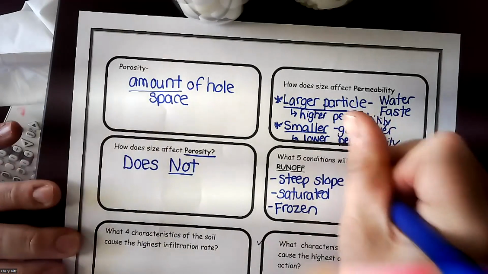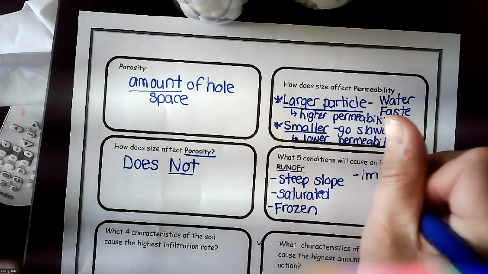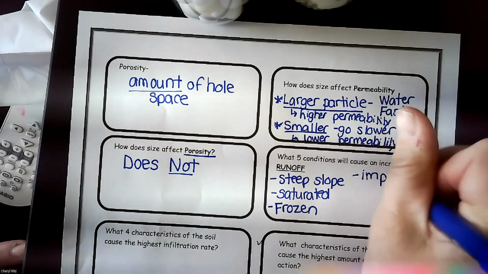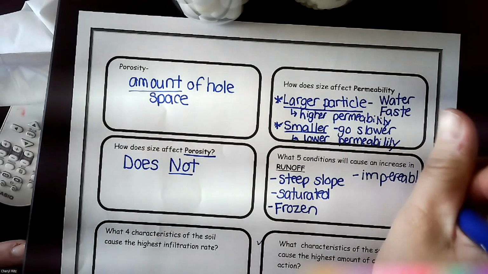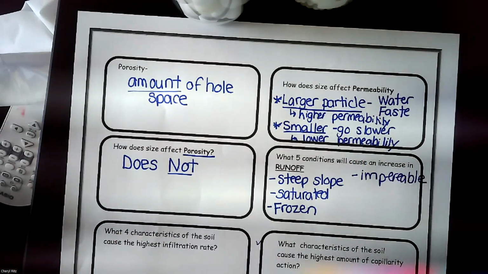Yep, if the ground is impermeable. For example, in cities, the ground is more impermeable in cities made out of roads, buildings, parking lots, no grass, in other words. The less grass, the more runoff.